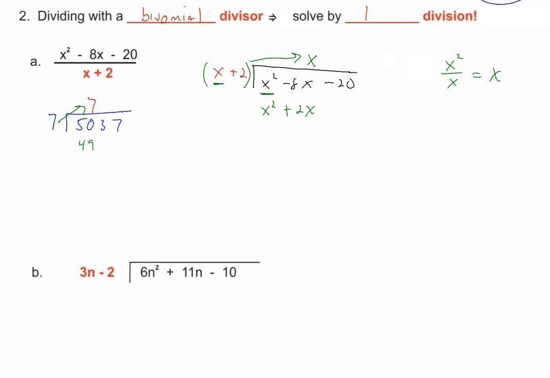Positive 2 times x is a positive 2x. You're just distributing. Again, if you want, you can put the x in front, but you have to do that every time. It's so much easier to just, again, front x times x is x squared, back, positive 2 times x, positive 2x. Okay? All right, let's go back to 3rd grade.